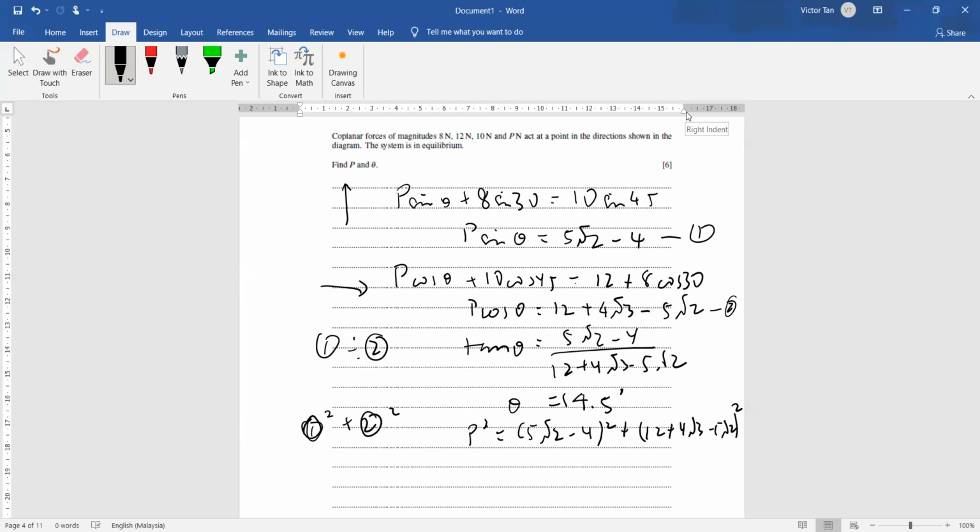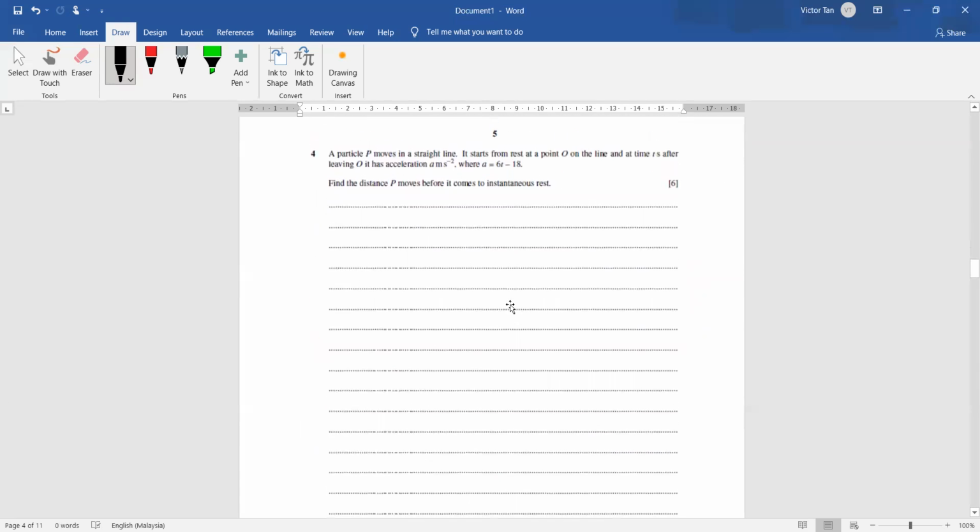Okay, there we have it. P equals 12.2 Newton, to 3 significant figures. Okay, next.